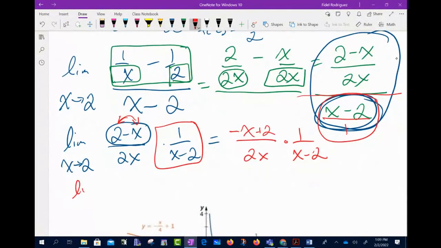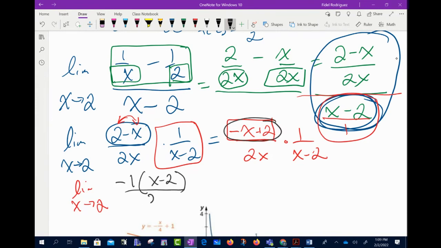Okay, so guys, we're almost done here. Let's check this part out. I'm going to look at this top part again. I'm going to factor out the number negative 1. When we factor out a negative 1, in essence, what we're doing is we are changing the signs upstairs.